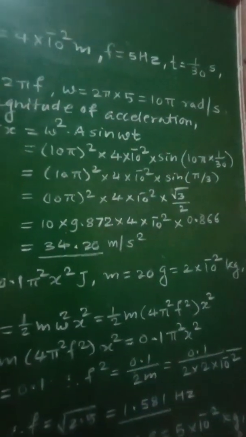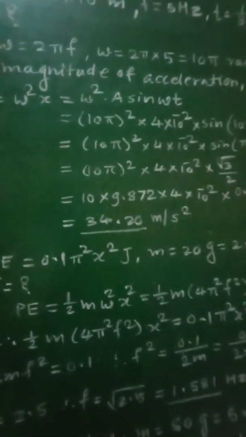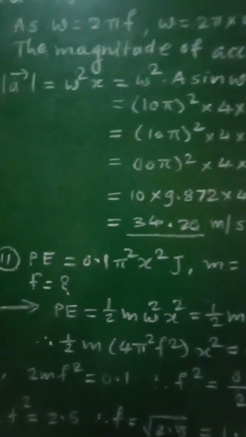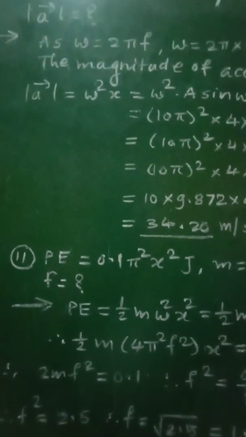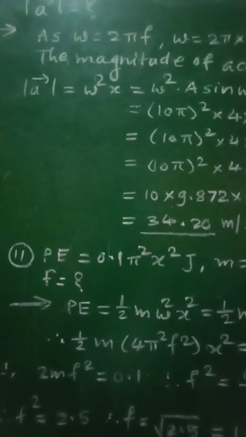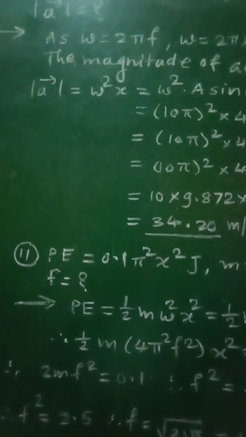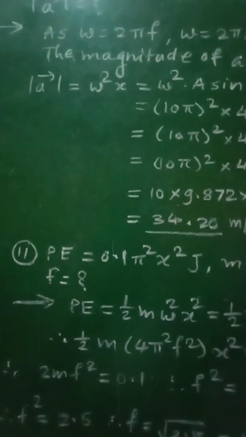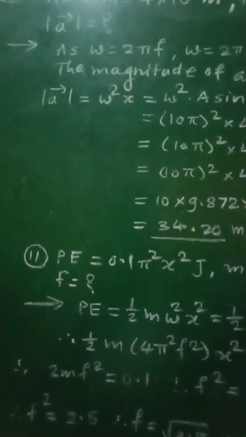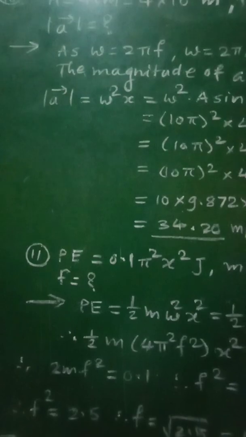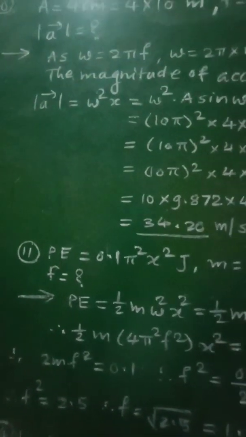Then we will go for the next numerical, that is question number 11, which is given as: the potential energy of a particle performing linear SHM is 0.1 pi square x square joule. If the mass of the particle is 20 gram, then find the frequency of SHM.